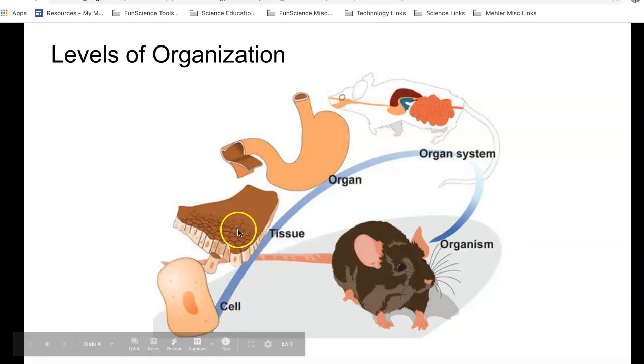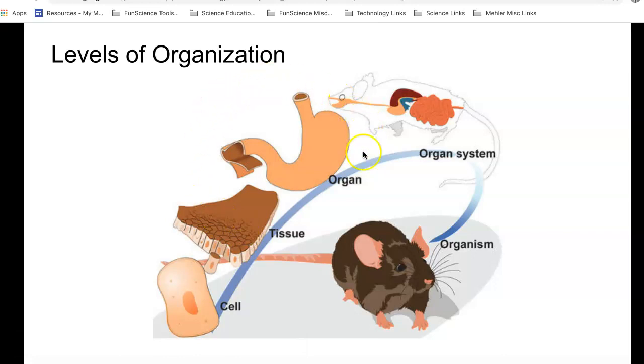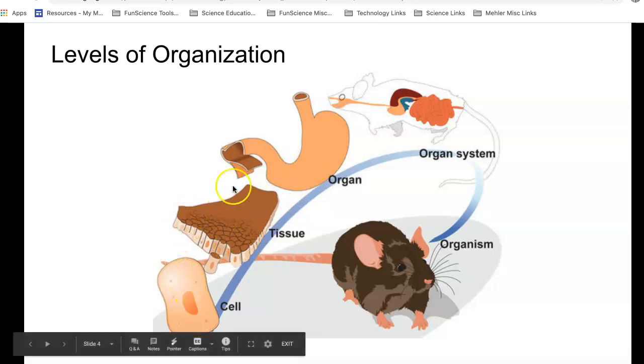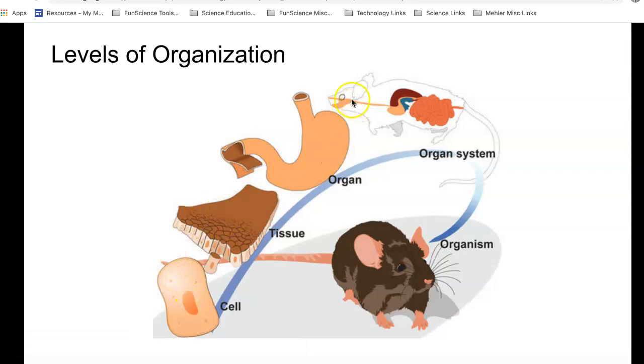A number of different tissues that perform the same function, in this case the stomach, is up to the organ level. So we have cell level, tissue level, organ level, and then when a number of organs act together, we have an organ system. In this case, as you can see from the mouth and nose, we're leading down into the stomach. This is the digestive tract of the mouse.